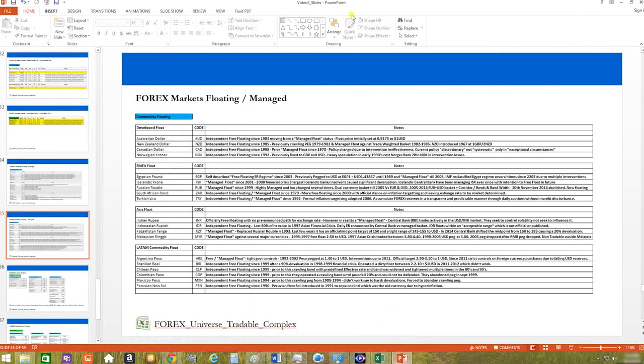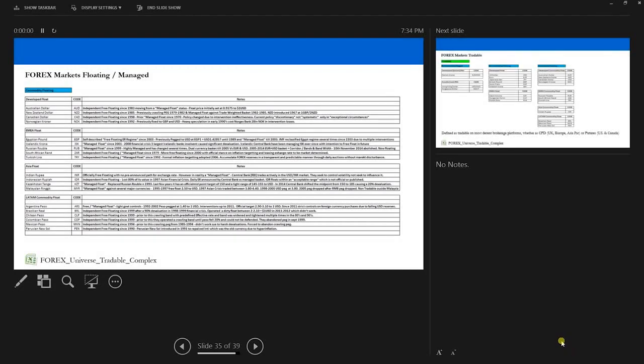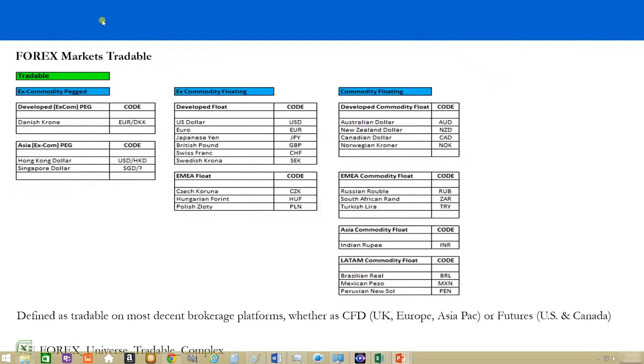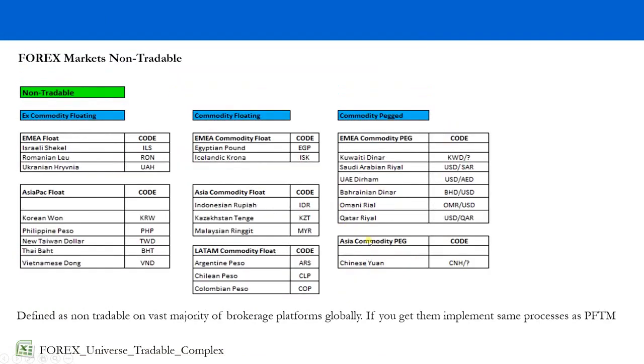So again, download the spreadsheet, go through the process yourself, understand how we've got to this point, and you'll be able to do that in your own time. We have the tradable complex here. What we have here is the non-tradable complex, so screenshots of the spreadsheet that you have access to in the downloads area.